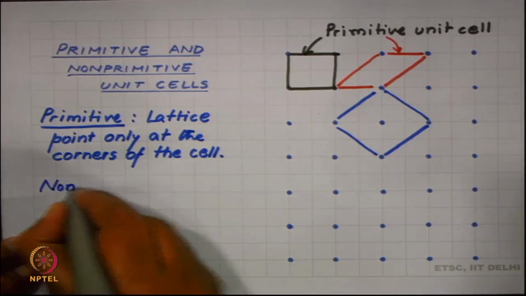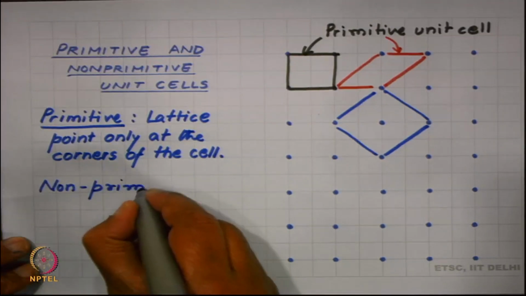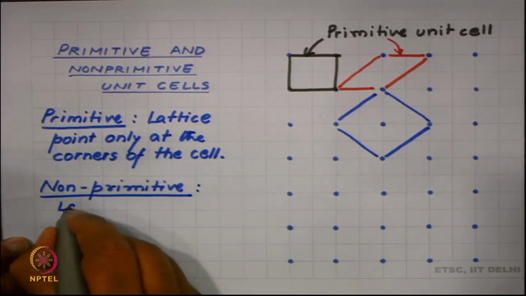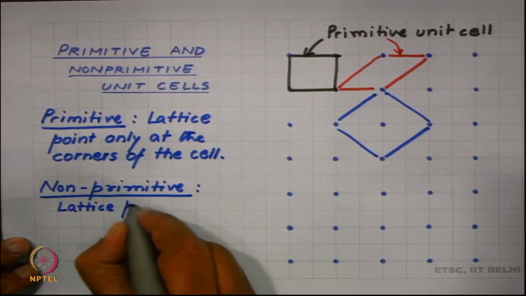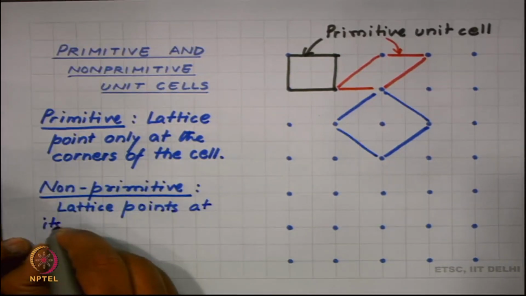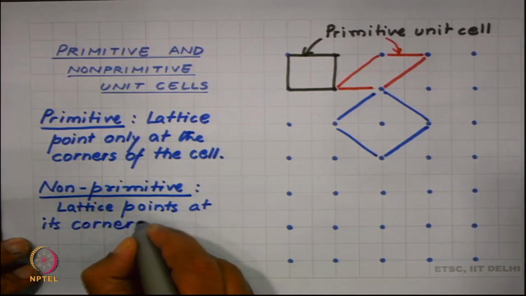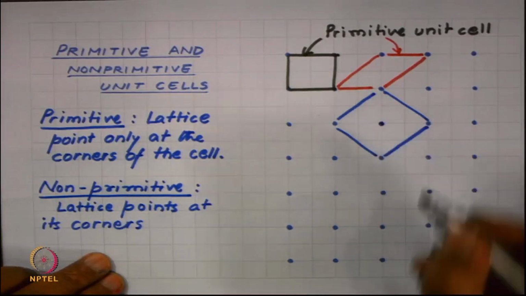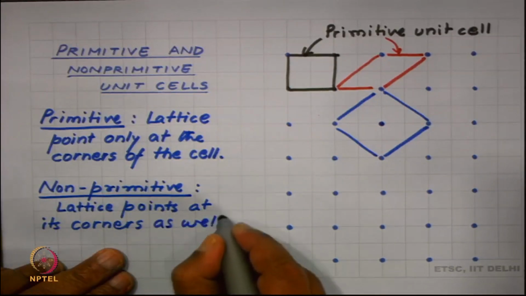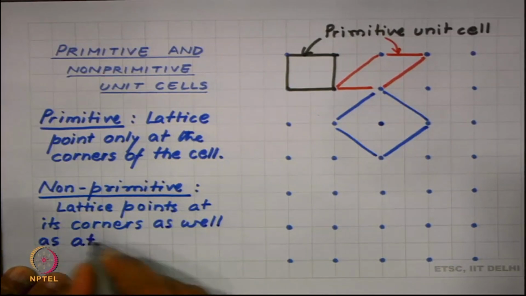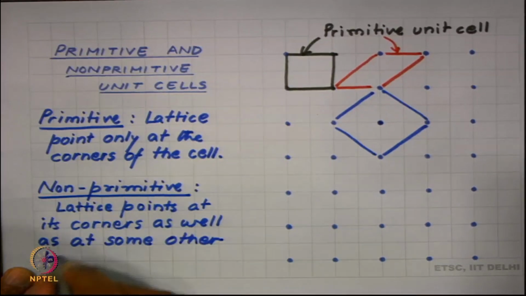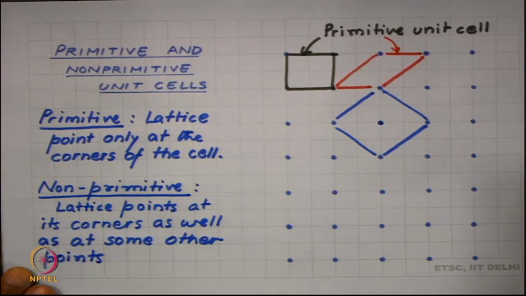So, the non-primitive unit cell will also have lattice points at its corners, but it will have some lattice points other than the corner points, as well as at some other points.